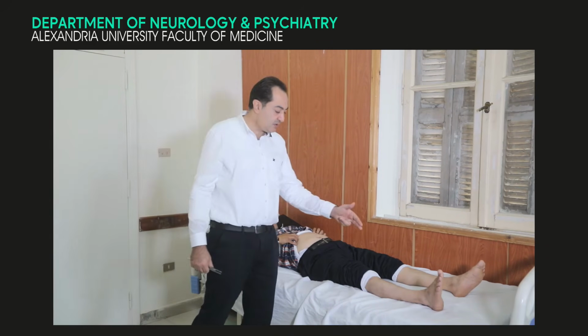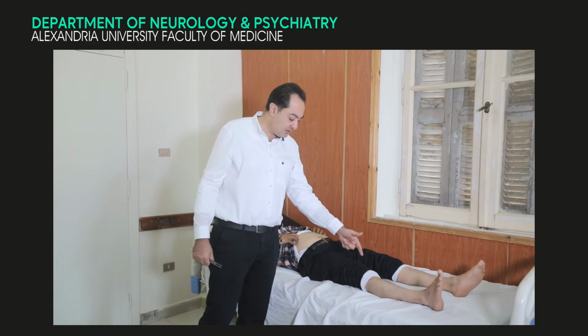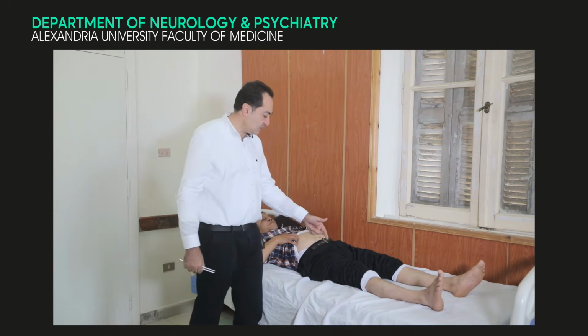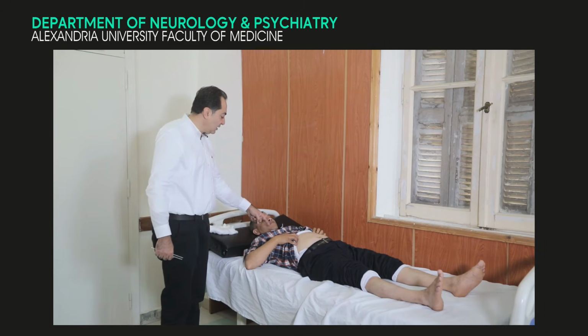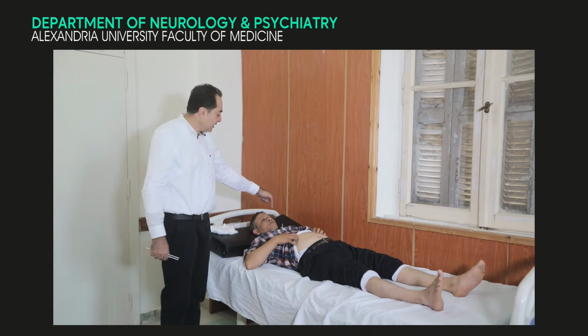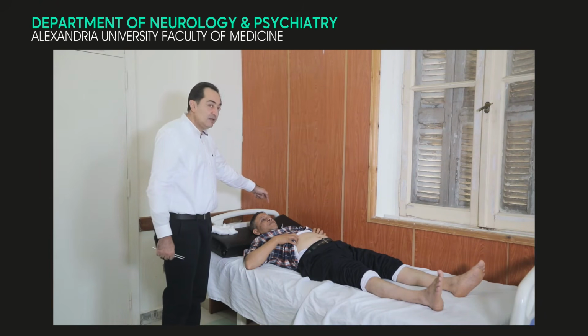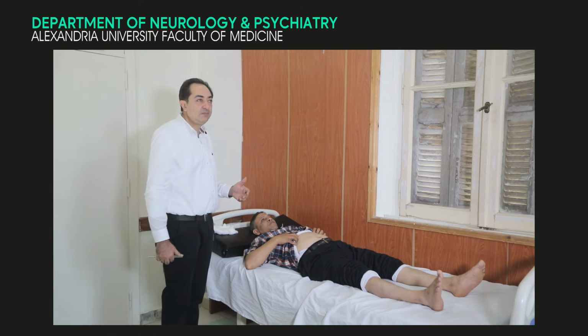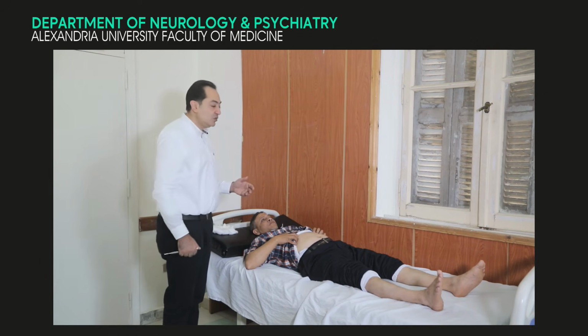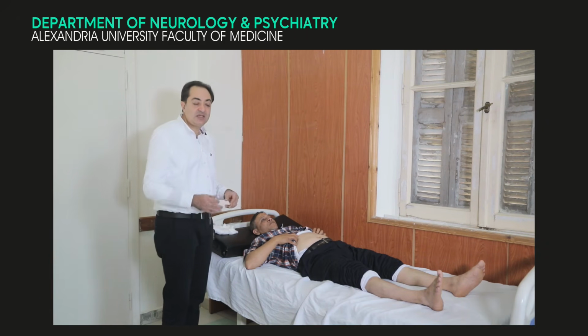Usually the sensation passes from the lower limb to the spinal cord and crosses to the other side, passing first to the thalamus as the first relay, then the cortex as the last relay. The thalamus can feel, but the cortex has more complex functions.